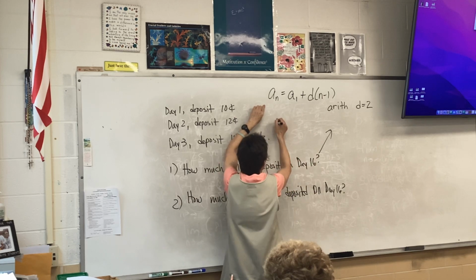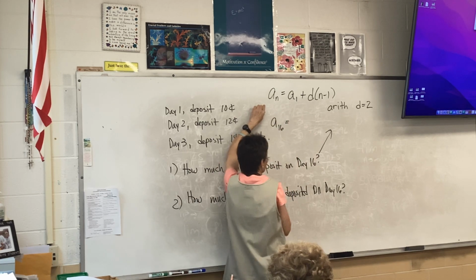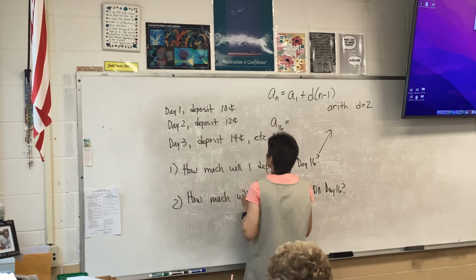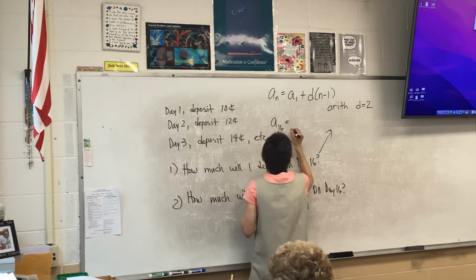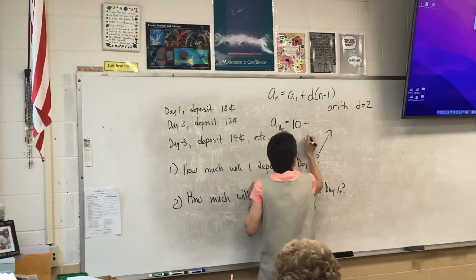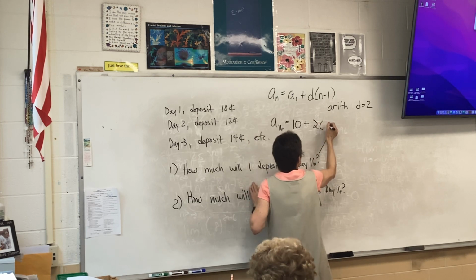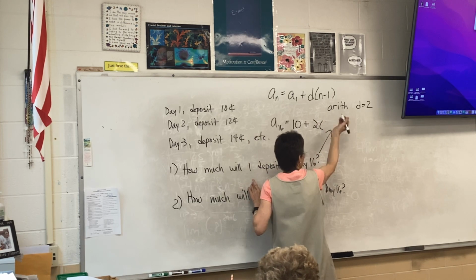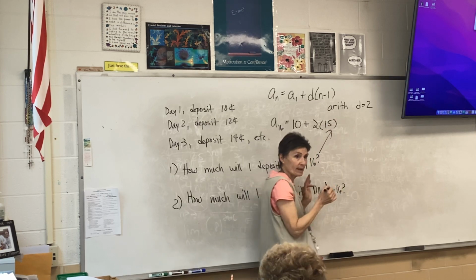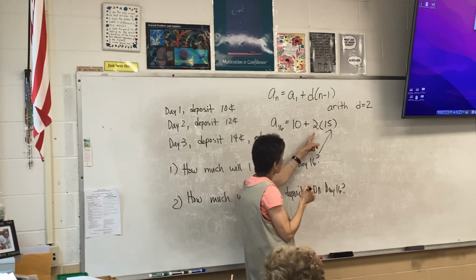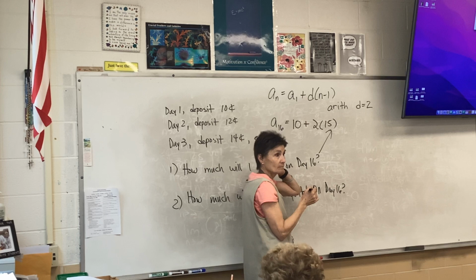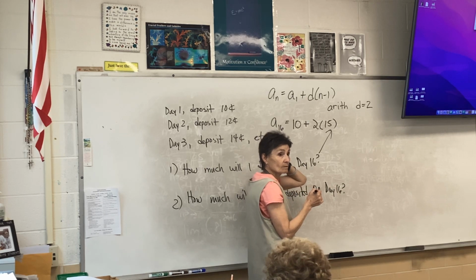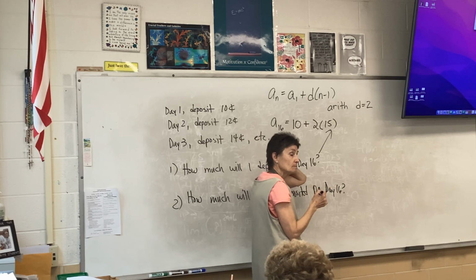For this problem, I'm gonna say A sub 16 equals 10 plus 2 times 16 minus 1, I'll just put 15, is that okay? So how much money am I putting in the bank that day? $0.40.